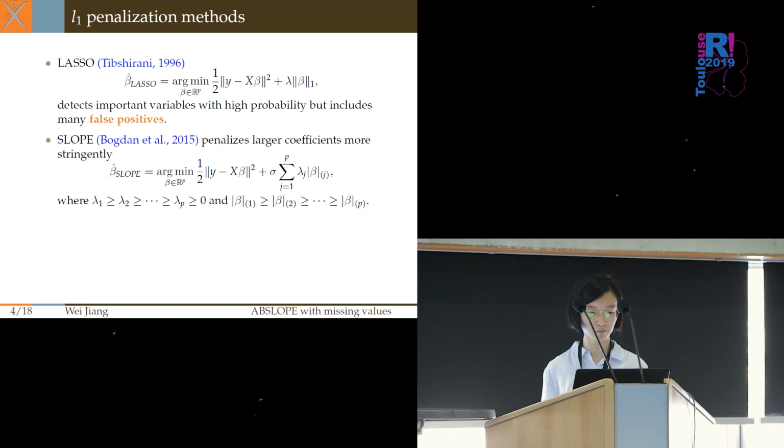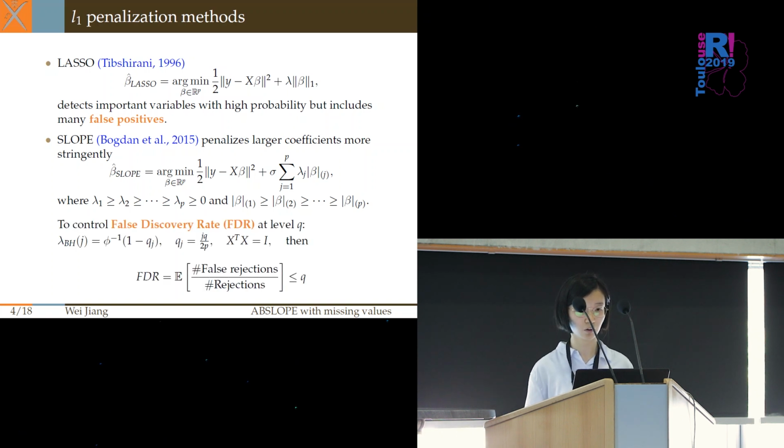To solve this problem, Professor Bogdan proposed a method, SLOPE, which stands for sorted L1 penalized estimation, and it penalizes larger coefficients more stringently, with larger penalization coefficients lambda for larger beta. In fact, the model selection problem can be viewed as multiple tests on beta, whether each element of beta equals 0 or not.